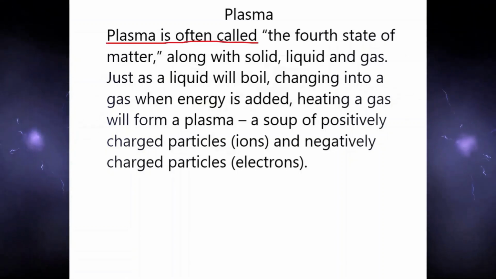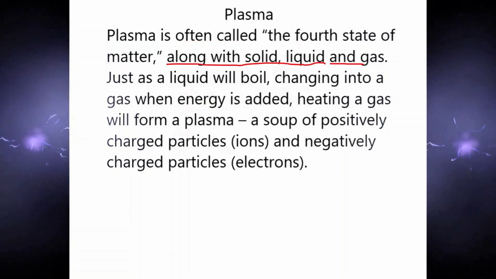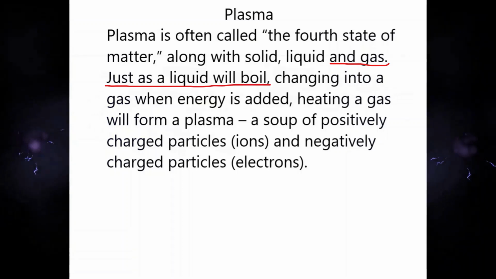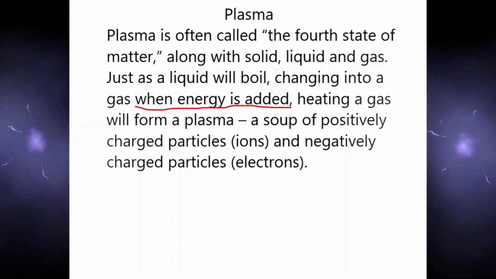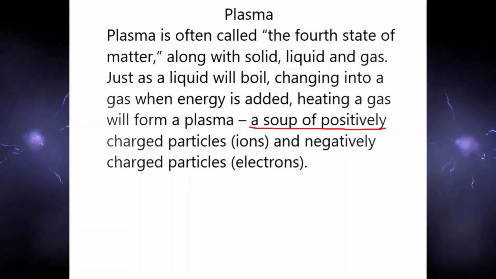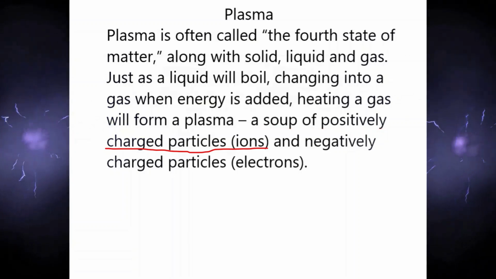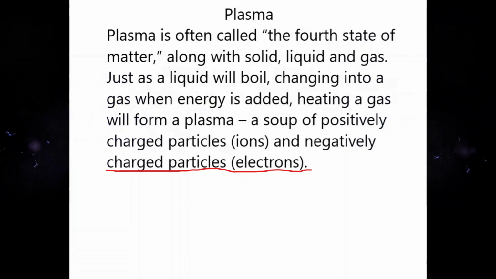Plasma is often called the fourth state of matter, along with solid, liquid, and gas. Just as liquid will boil, changing into a gas when energy is added, heating a gas will form a plasma, a soup of positively charged particles, ions, and negatively charged particles, electrons.